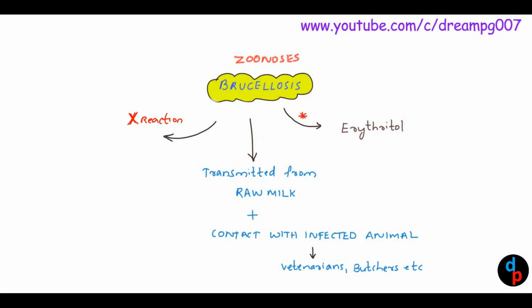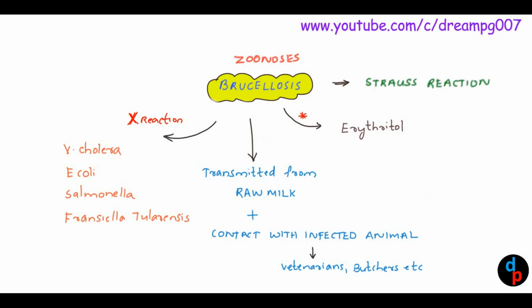Brucella produces cross reaction with Vibrio cholerae, E. coli, Salmonella, Francisella tularensis. It also has a characteristic cross reaction with guinea pig.